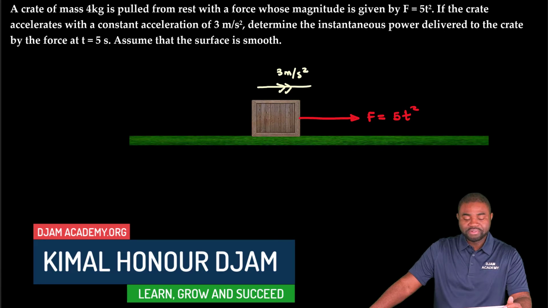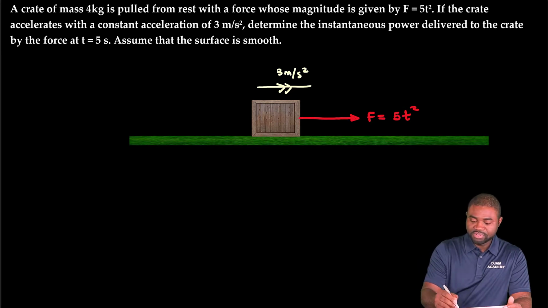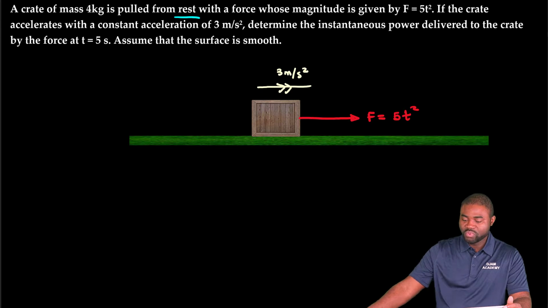In this example, we have a crate of mass 4 kilograms being pulled from rest. It's important you note this, from rest, with a force whose magnitude is given by F equal to 5t raised to the power 2, which means that the force changes with time.